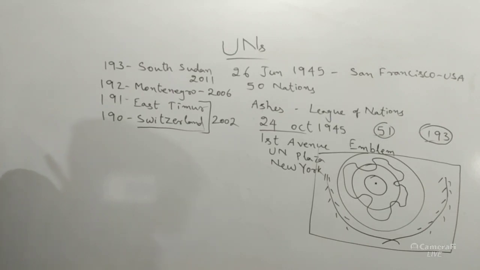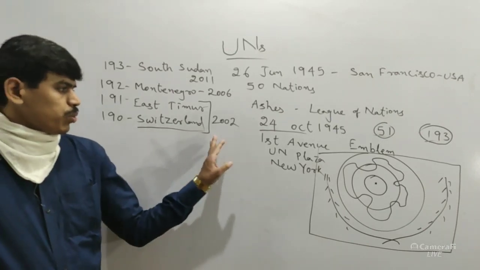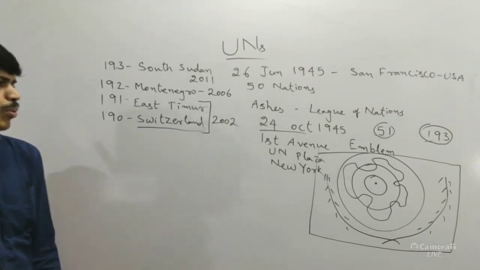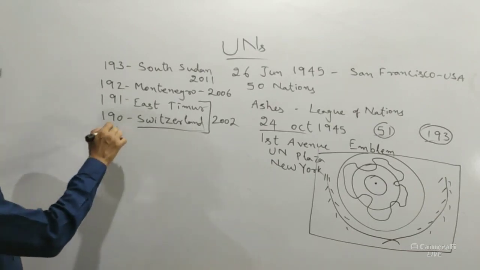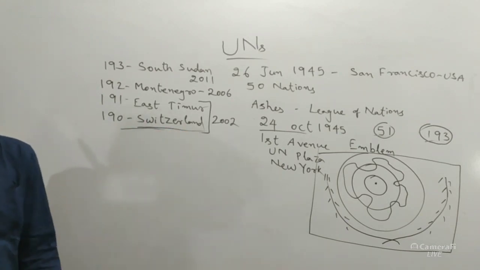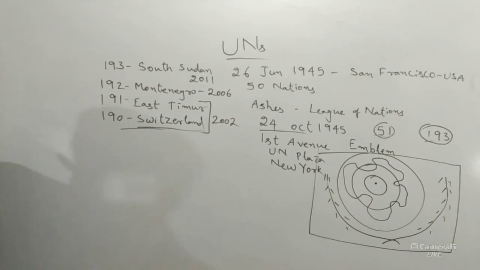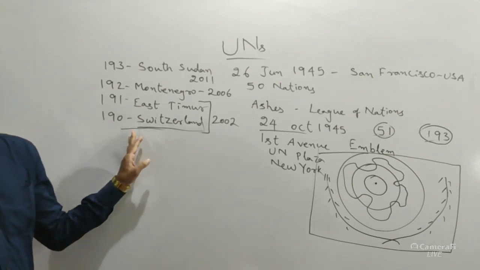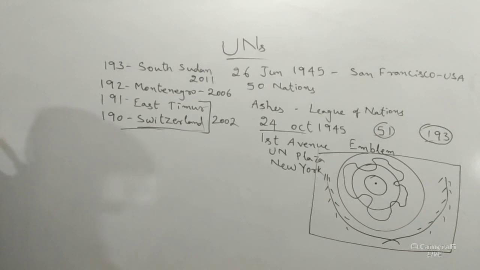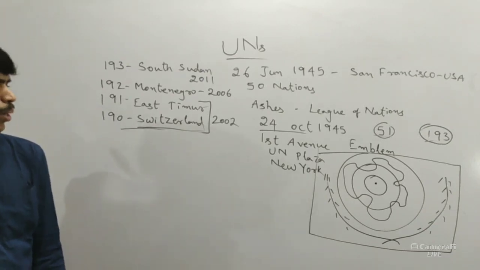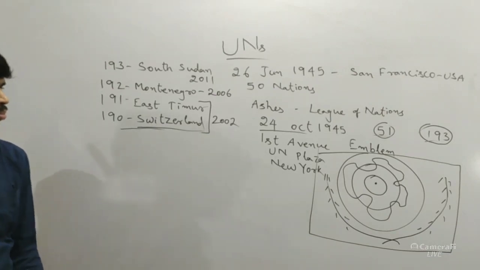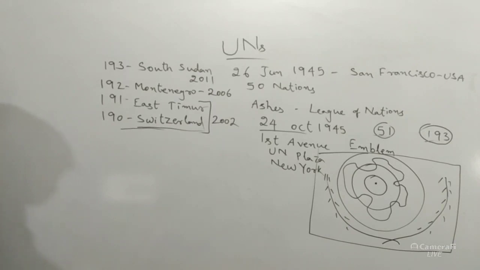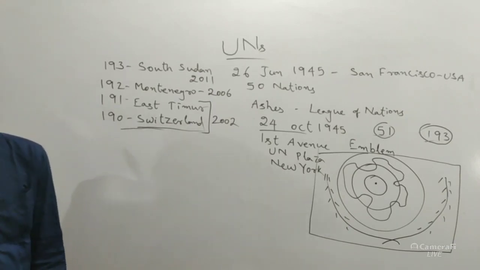But still, until 2002, it was not a member of the UN. This question is repeatedly asked, and it is very important that most offices are located at Geneva, but it was not a member until 2002. Switzerland is also called a country of neutrality.